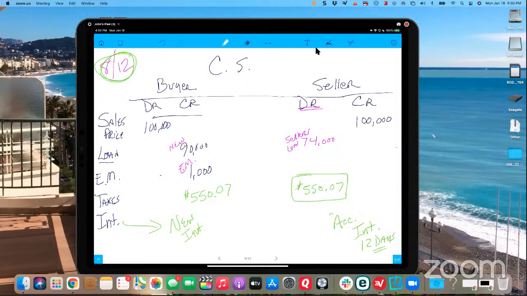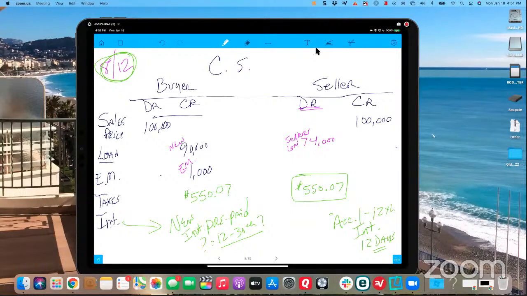And the buyer will have what we call prepaid interest. So we will need to figure out the interest between the 12th and the 30th. And for the seller, we just need to figure out the interest between the 1st and the 12th.